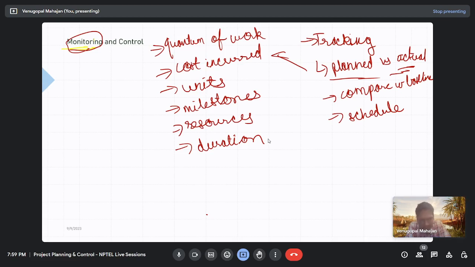We check whether whatever we had in the to-do list we have completed or achieved till now, what we have planned. So you make a to-do list or bar chart or CPM, whatever. We compare it with what is happening in real time, which topic we have completed. We mark it.